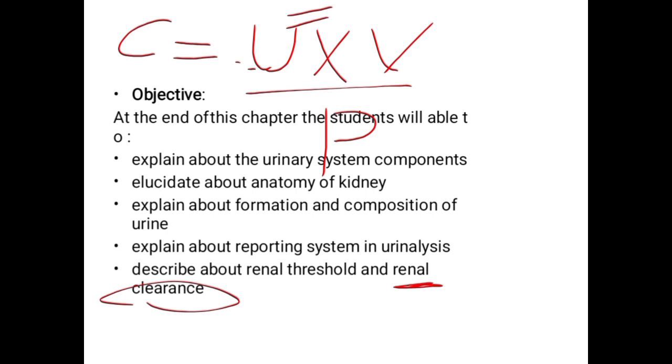Therefore, renal clearance C equals U times V divided by P, the product of the concentration of substance in urine and urine flow rate per minute, divided by the concentration in plasma.